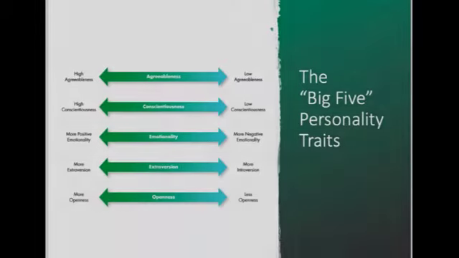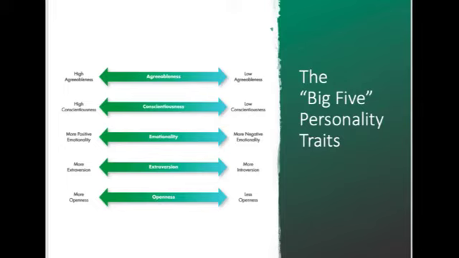One of the first things that was suggested was that personality was really made up of a matrix of 5 personality traits, and you can see them there defined by this particular graphic. The 5 personality traits are: agreeableness, conscientiousness, emotionality, extroversion, and openness.